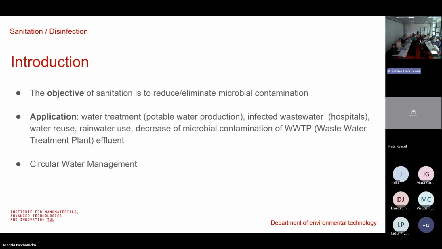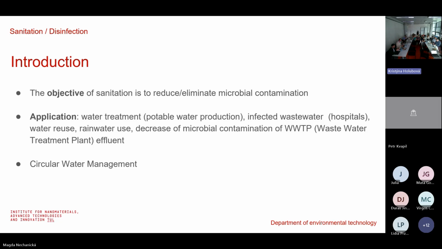Very actual is the combination with water reuse. One of them is also rainwater management and rainwater use, because also rainwater is contaminated by microorganisms.